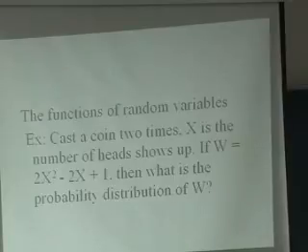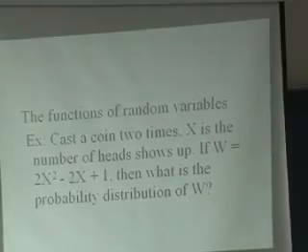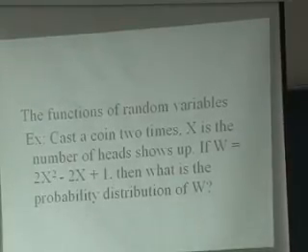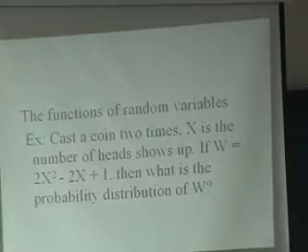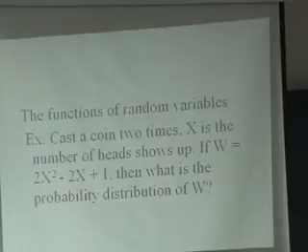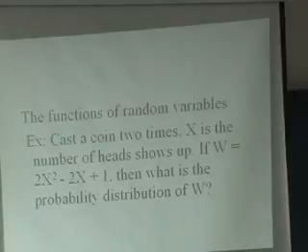So let us say, the example here, we cast a coin twice, and x is the number of heads that shows up. We know this because we have this example so often, you know the probability distribution of x.